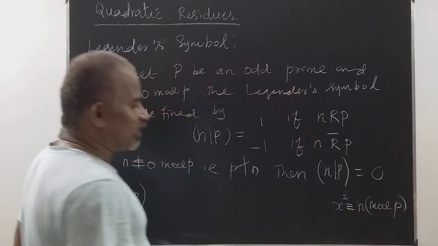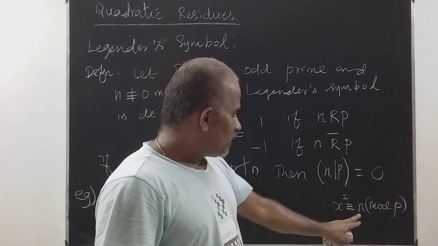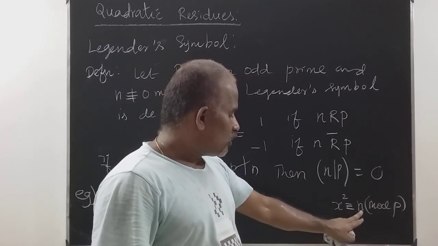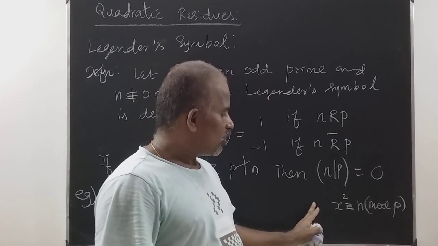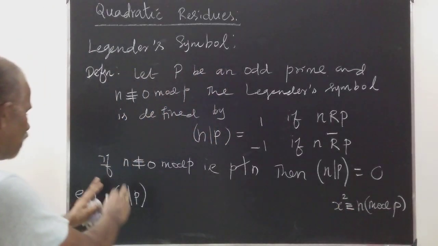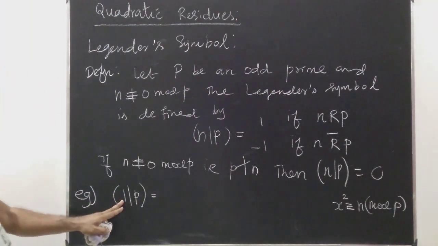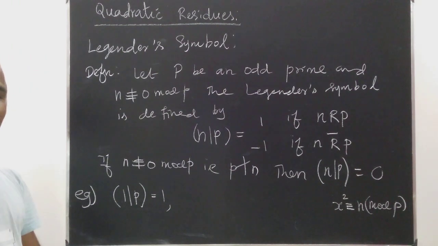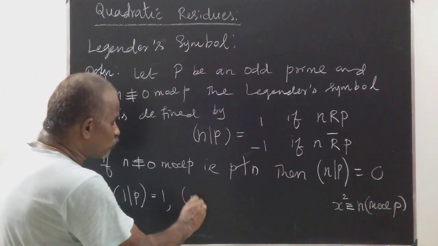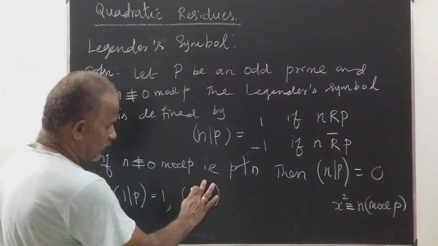Whatever p may be, definitely n is equal to 1, x is equal to 1. So 1 is always a quadratic residue mod p, therefore 1 over p is 1. Similarly, m squared over p.